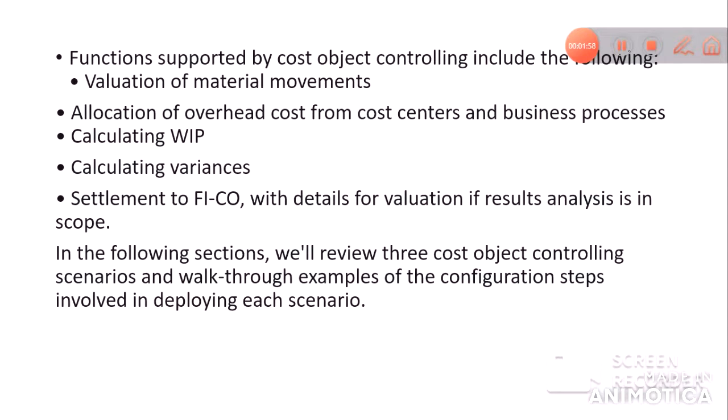Functions supported by cost object controlling include the following: valuation of material movements, allocation of overhead cost from cost centers and business processes, calculating work in process, calculating variances, and settlement to FI/CO with details for valuation if results analysis is in scope. In the following sections, we will review three cost object controlling scenarios and walk through examples of the configuration steps involved in deploying each scenario.